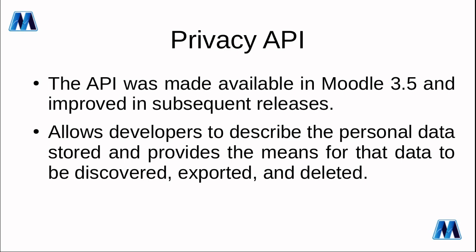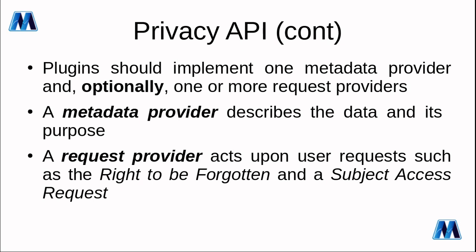Basically, the API allows developers to describe the personal data it is storing and provides the means for that data to be discovered, exported, and deleted. So it's a requirement now. If you look at all the core plugins and core components, you will find the privacy files implemented, which we'll talk about in a little bit.